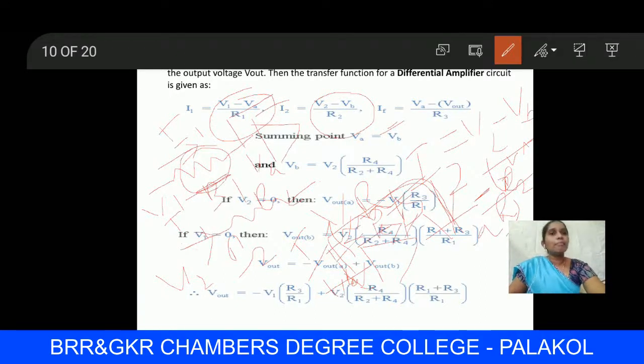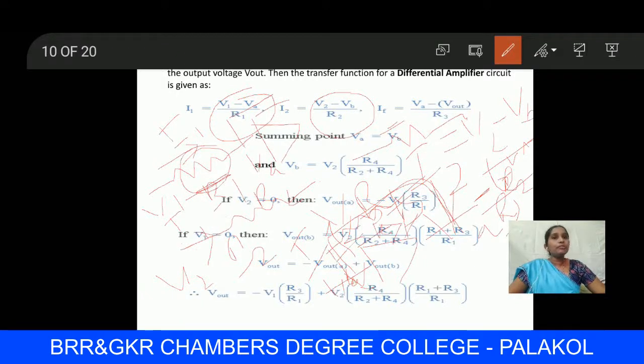So what is the summing point? VA and VB, these two are the summing points. At the summing point we are considering the virtual ground concept, so VA is equal to VB. VB is equal to V2 into R4 divided by R2 plus R4.